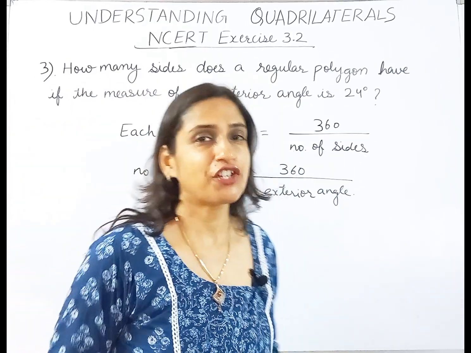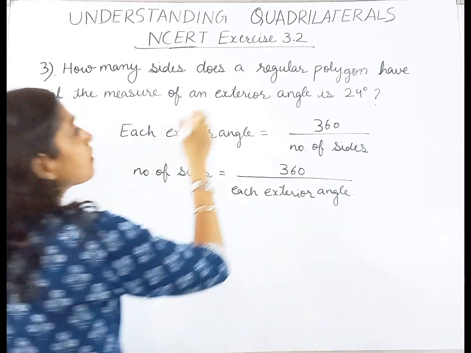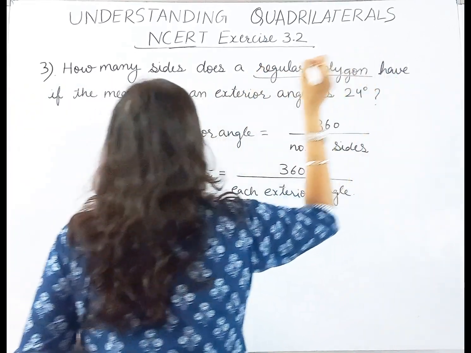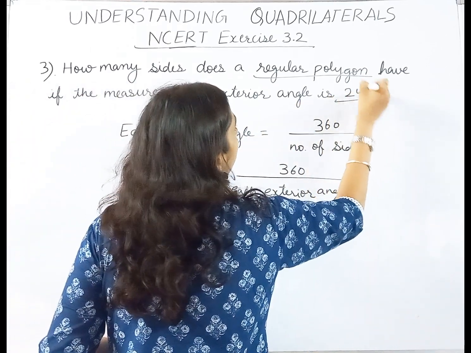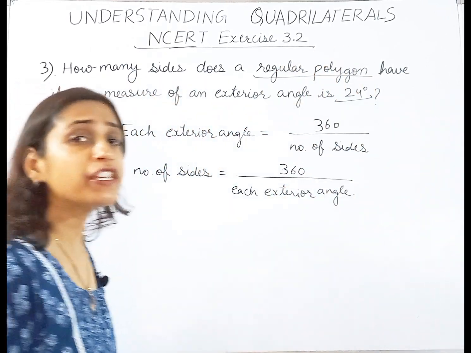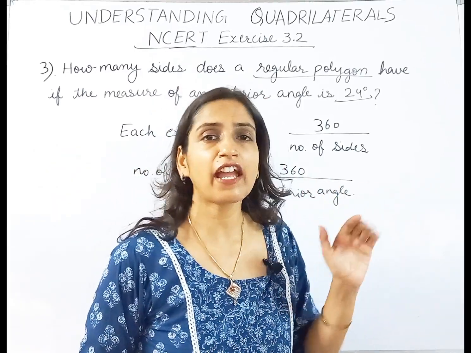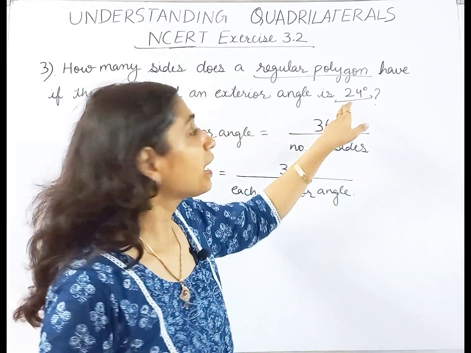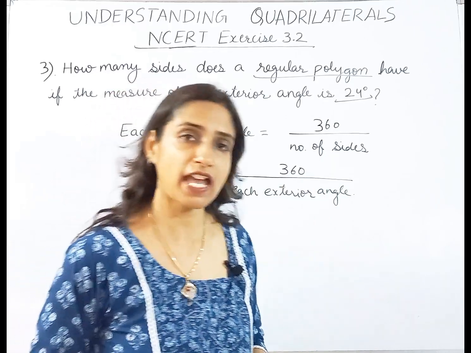The third question of the exercise is, how many sides does a regular polygon have if the measure of an exterior angle is 24 degrees? So in this question, we are given that the measure of each exterior angle of a regular polygon is 24 degrees and we have to find the number of sides.